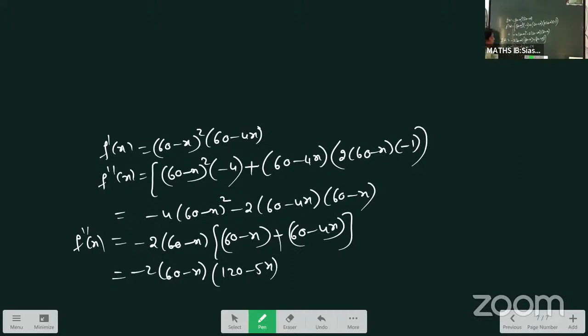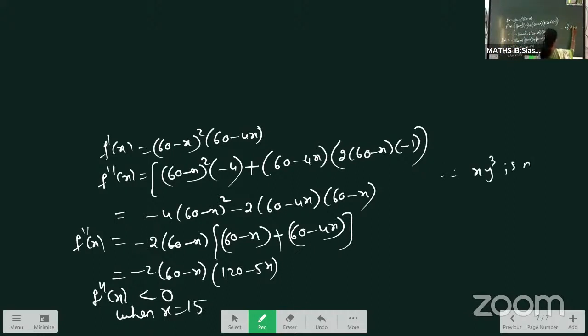So anyhow, if you take x is equal to 15, we are getting it negative only. Therefore, f double dash of x is less than 0 when x is equal to 15. Therefore, what is the conclusion? Therefore, xy cube is maximum when x is equal to 15.